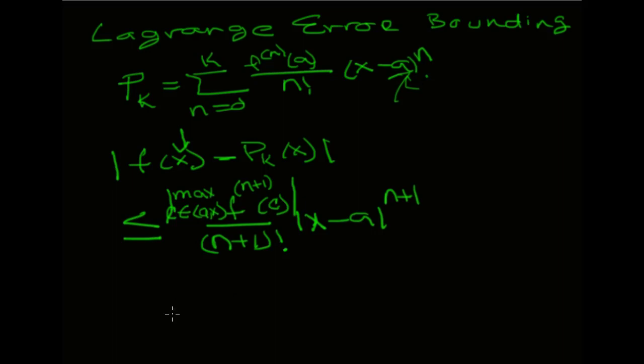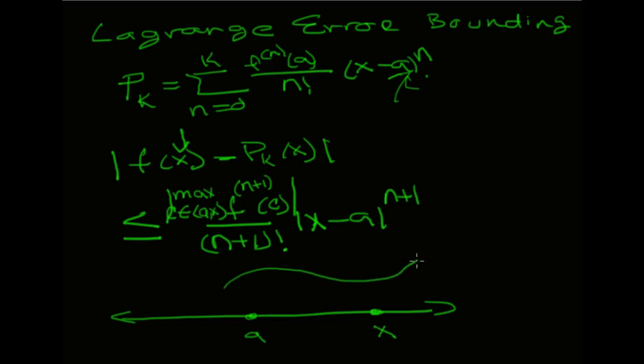So I'm going to look at the interval from wherever a is to wherever x is, and then I'm going to look at this f to the n plus 1 of x, and I'm going to pick that maximum value, and I'm going to call that c.